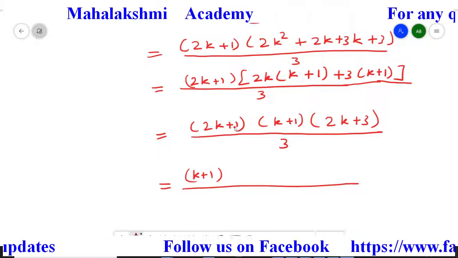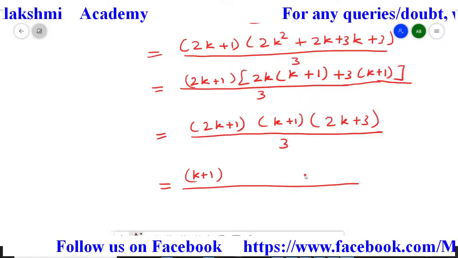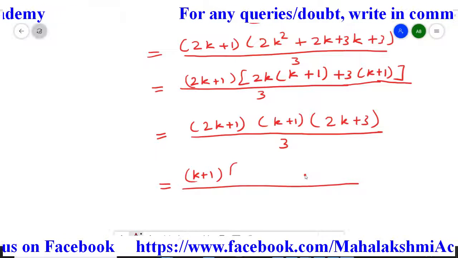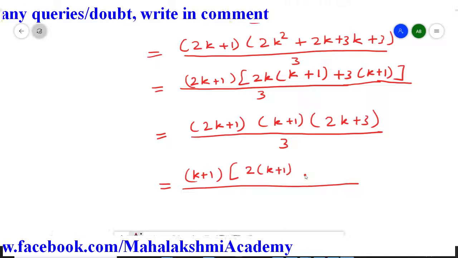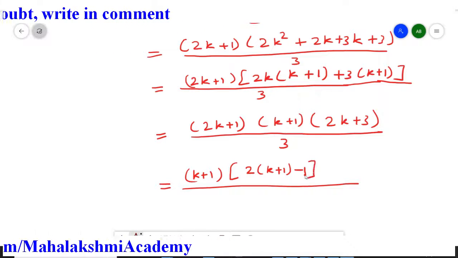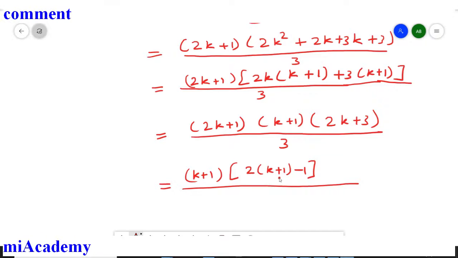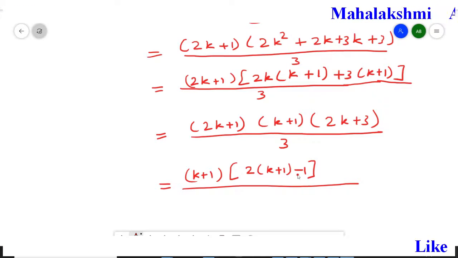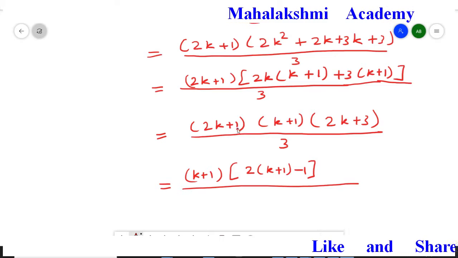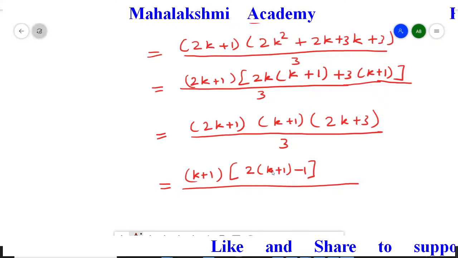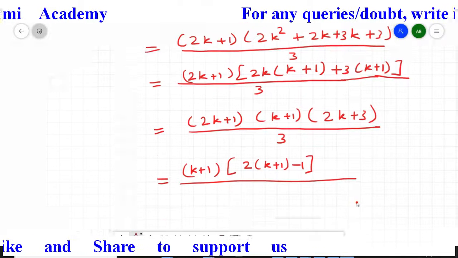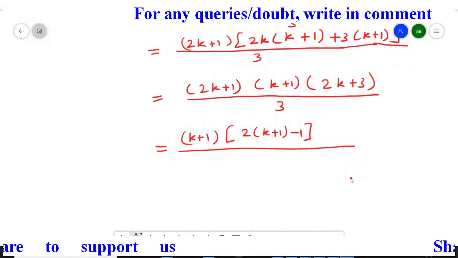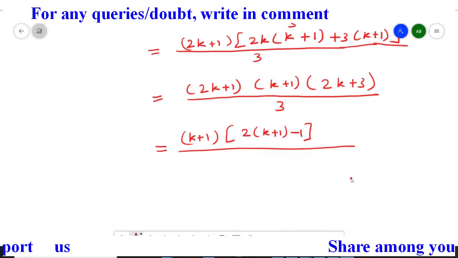Now this 2k plus 1 I want to write down as 2 bracket k plus 1 minus 1, because student, when you simplify it, when you open it, you are going to get here plus 2, and plus 2 minus 1 is plus 1. So this 2k plus 1 I wrote as 2 bracket k plus 1 minus 1, because in the right hand side of our question we want this format, so we are going to change it.